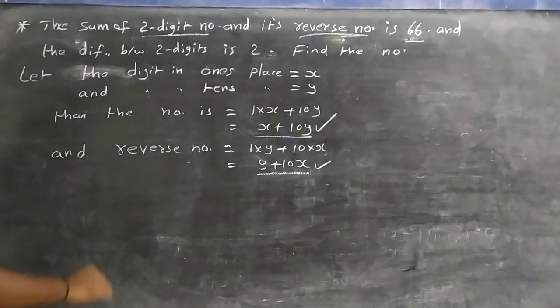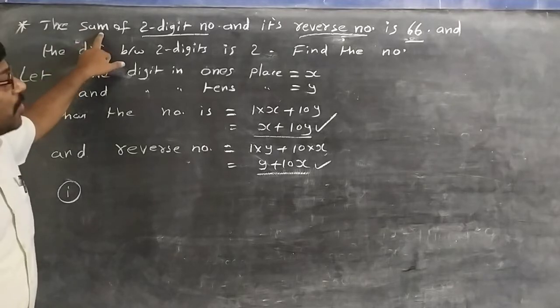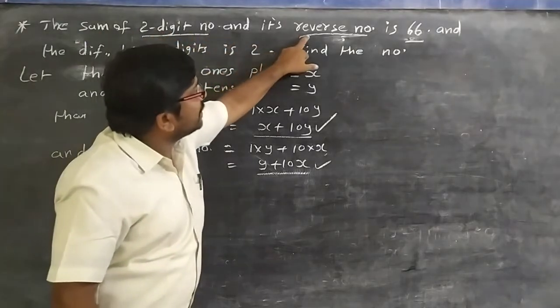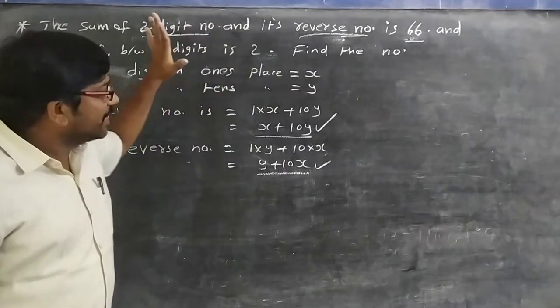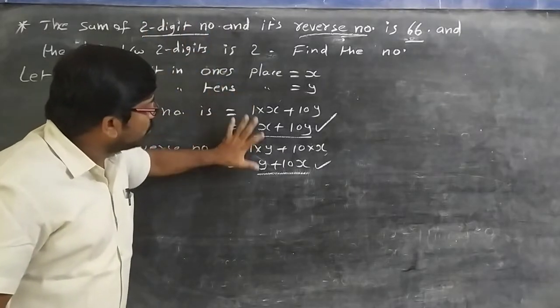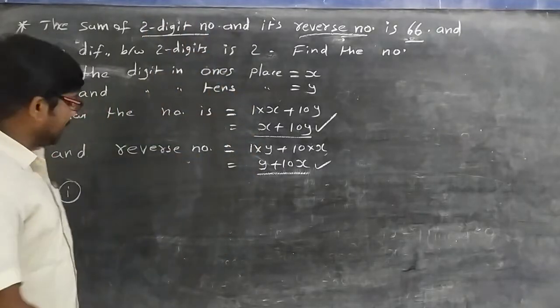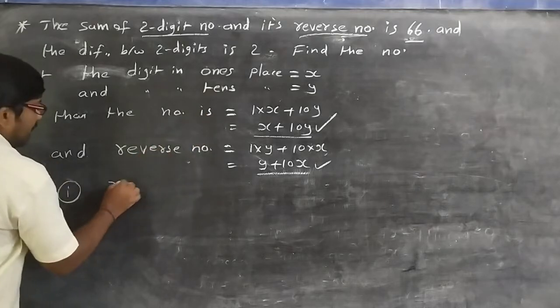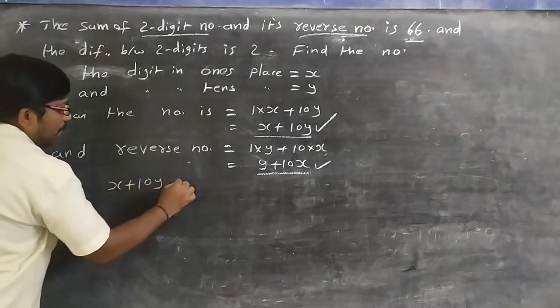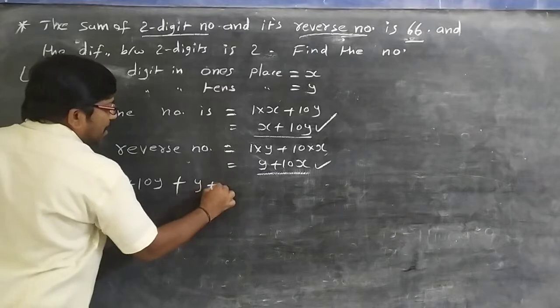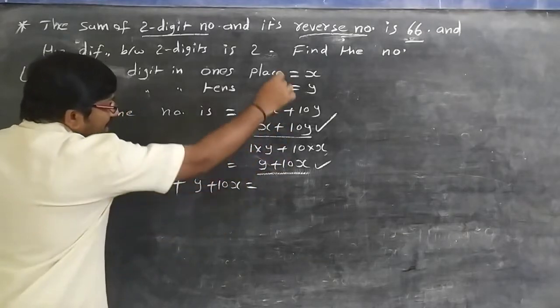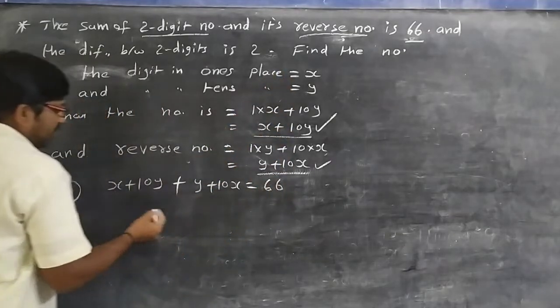Right? So take the first condition. What is the first condition? The sum of the two-digit number and the reverse number is 66. That means the sum of these two numbers is 66. The first condition: x plus 10y plus y plus 10x is 66, right?